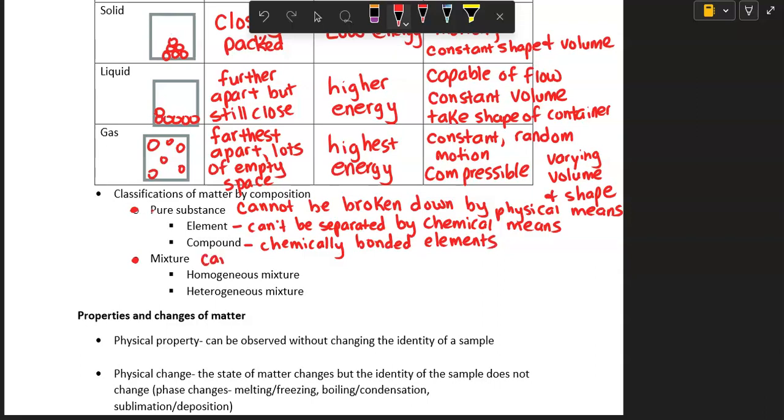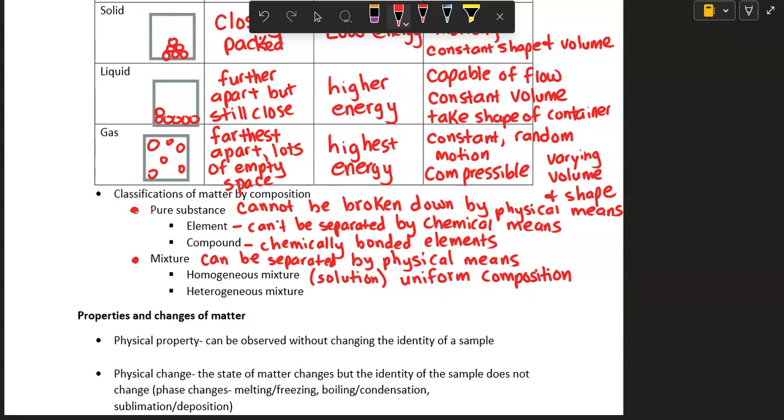Mixtures can be separated by physical means. And so what we mean by physical means would be filtration or boiling or things like that. There doesn't have to be a chemical reaction for a mixture to be separated. And so the two types of mixtures are homogeneous mixtures, which are also called solutions. They have uniform composition. So what we mean by uniform composition is it's the same throughout. When you look at a homogeneous mixture or a solution, you can't see the individual parts.